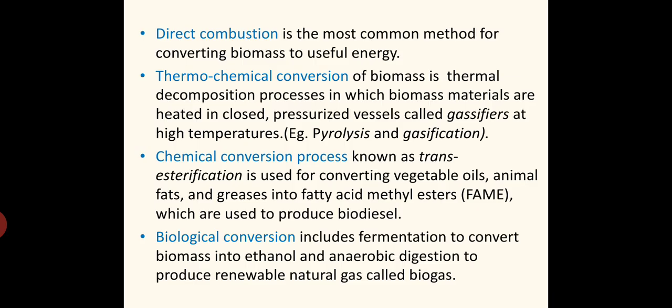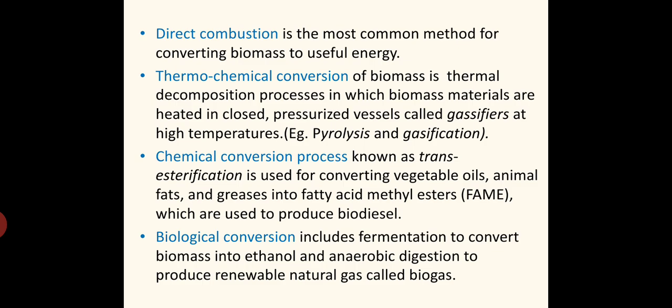Now coming to direct combustion. Direct combustion is the most common method for converting biomass into useful energy. In every house we are doing this process. Wood is directly used as a fuel, that is what is known as direct combustion. We directly combust the waste products that we get from living organisms to produce energy.